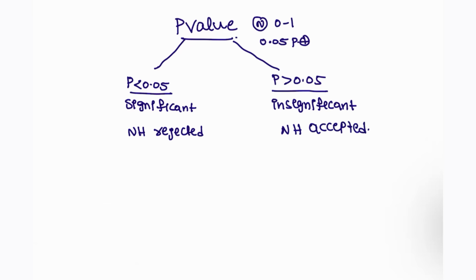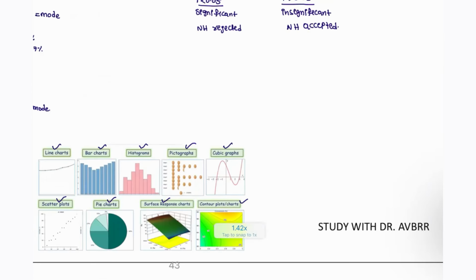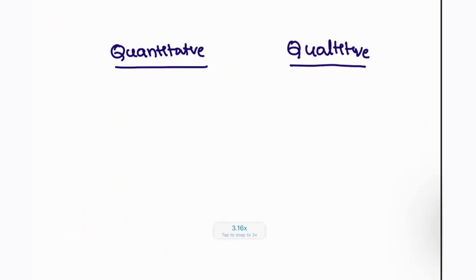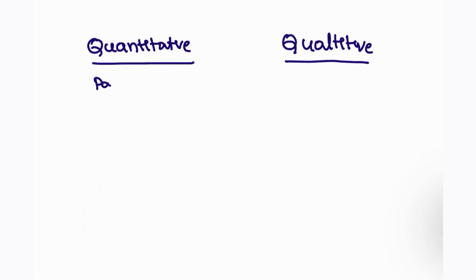Next, coming to the different types of tests that we are going to perform: the quantitative test and qualitative test. In the quantitative test, these are known as parametric tests, and these are non-parametric tests.